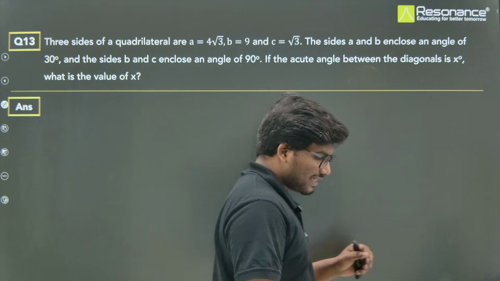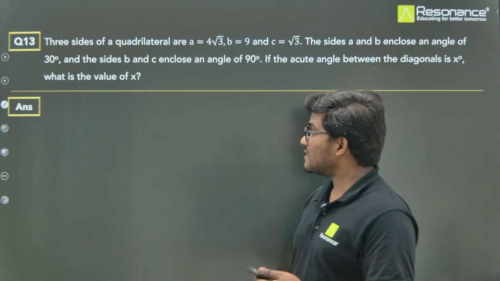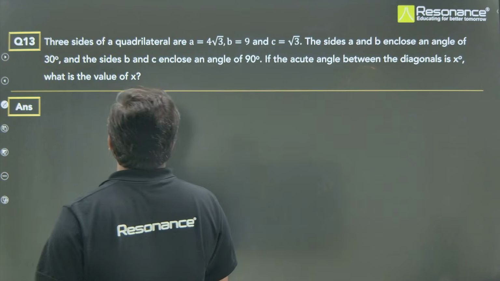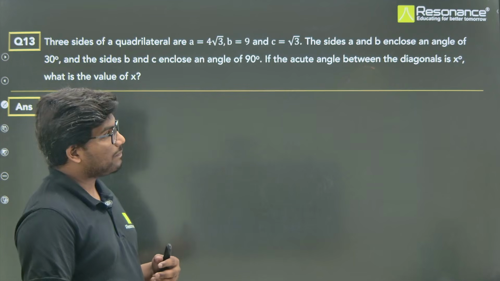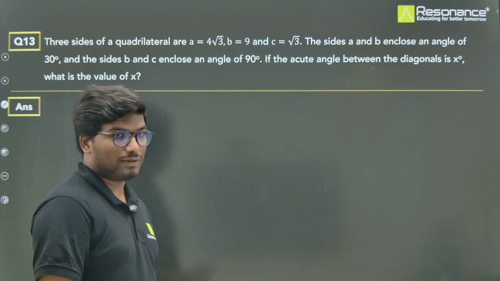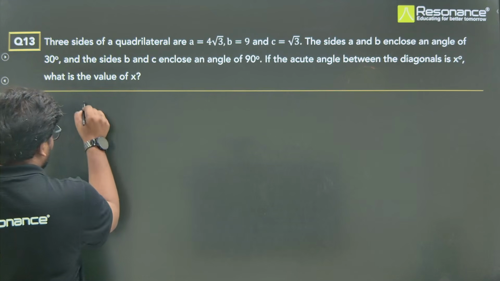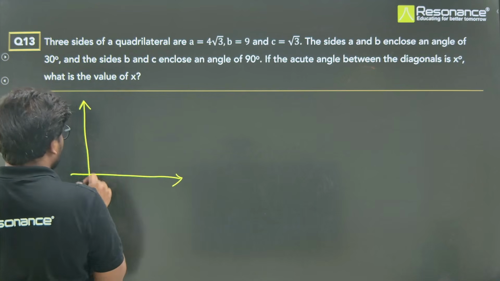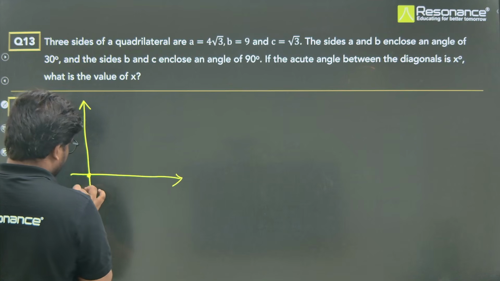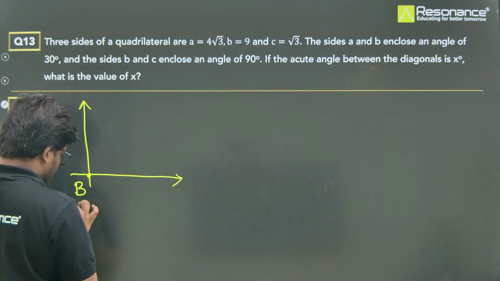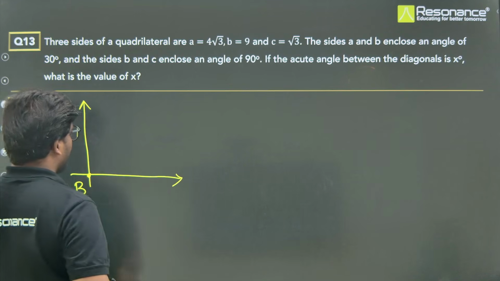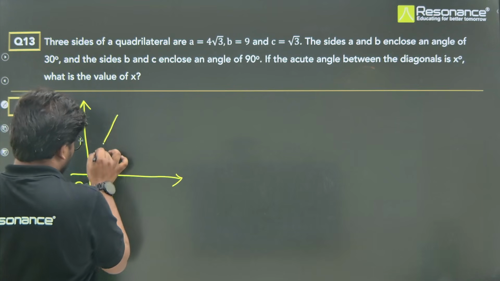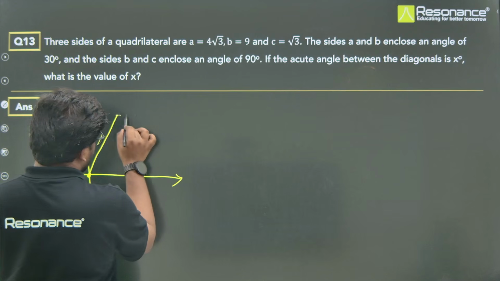So for this question, my instinct would be to go for something less confusing, so we could go for the coordinate system. Let's draw up a coordinate system where we take the vertex B as the origin, where A could be this.